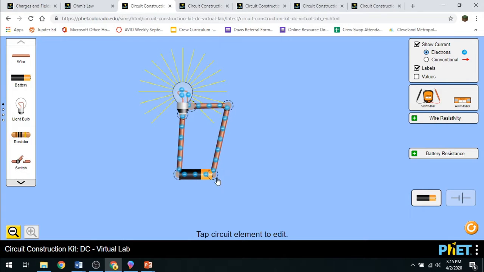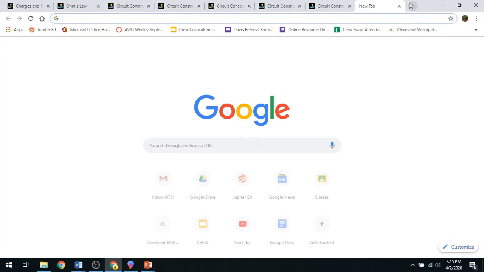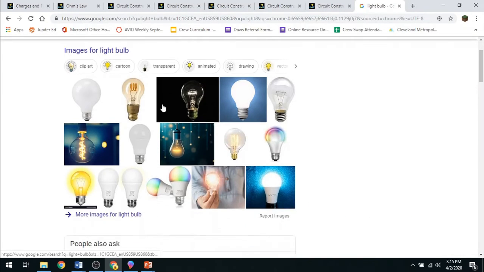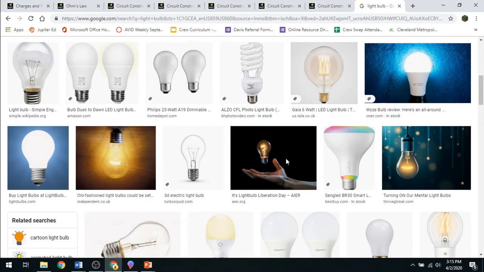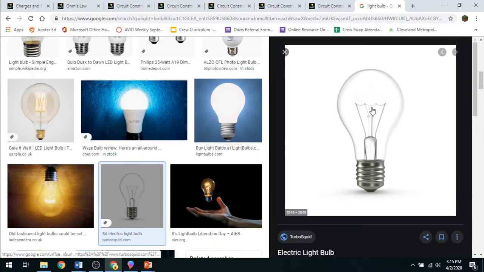Another thing to know about series is that if you disconnect one light bulb, you'll disconnect all of them. Let's see if I can zoom in here. I don't think I can. Okay, so if you remember back to that picture of the light bulb that I had pulled up earlier, inside the light bulb was a little squiggly piece of metal.